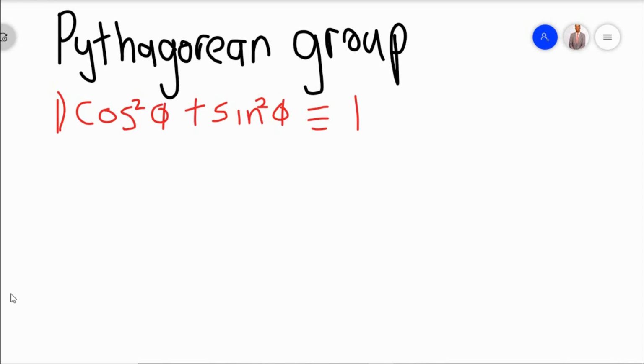Two, 1 plus tan squared theta is exactly identical to secant squared theta.